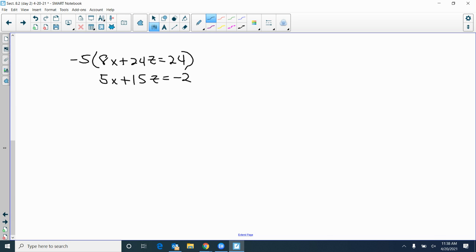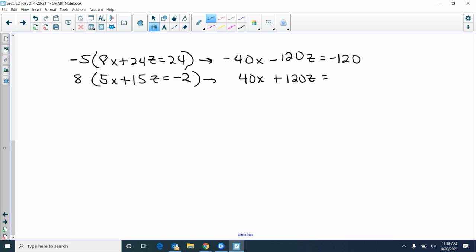There we go. That looks like we're getting rid of the x's here. And so that gives me -5 times 8 is -40x. -5 times 24 is -120z and equals -120. 8 times 5x is 40x. 8 times 15 is +120z, and 8 times -2 is -16.